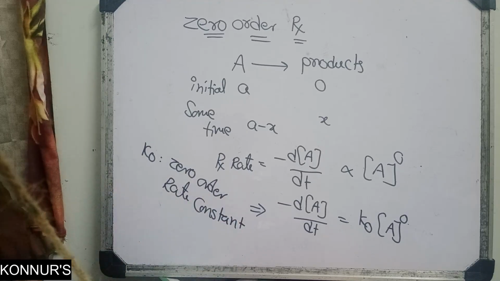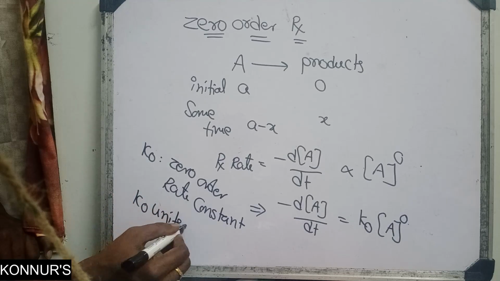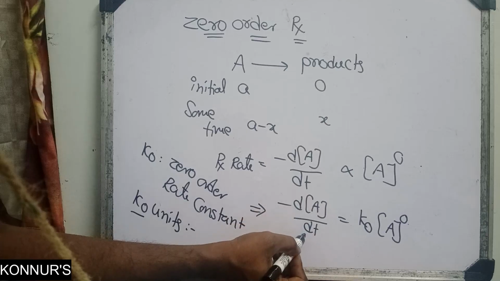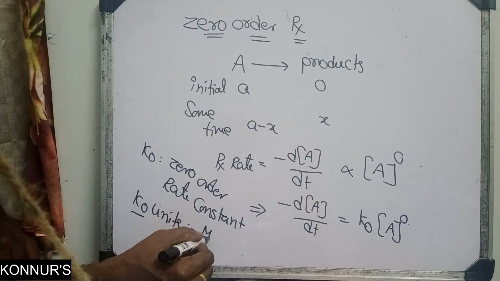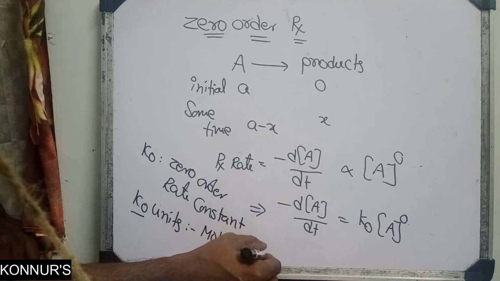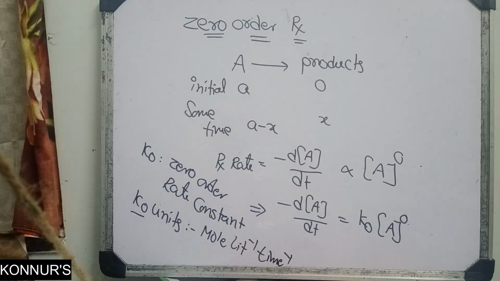Next, k0 units. This is concentration by time. Concentration means mole per liter, by time, so time inverse.